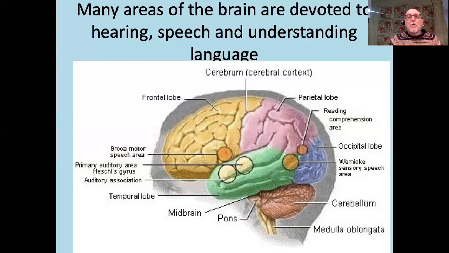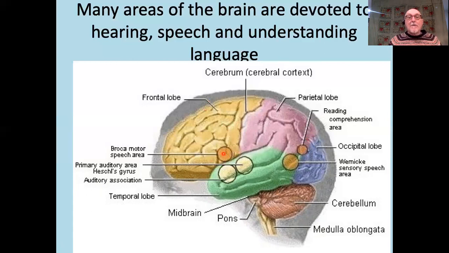When you read, you are in your brain constructing all of these things. You are hearing things, you are feeling things. All of these things are going on while you're reading, as well as when you're hearing things.